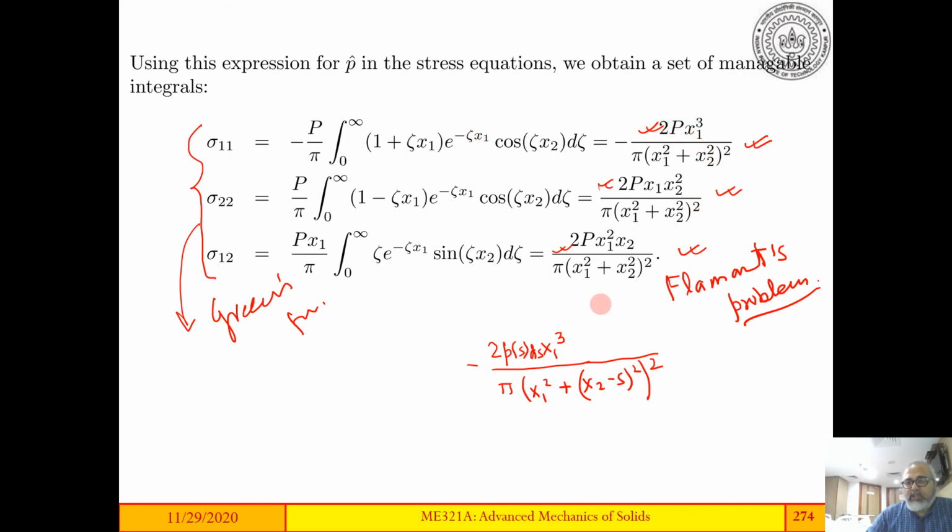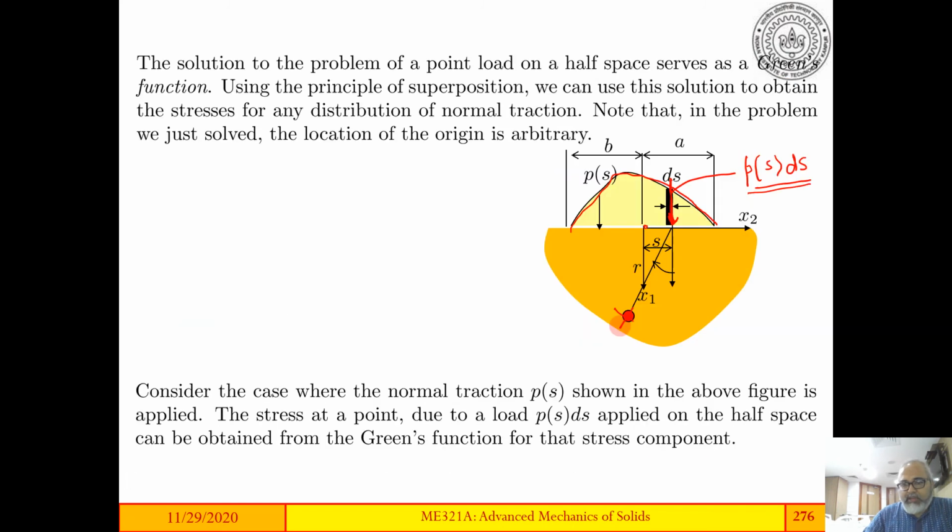Now I will scan through all such ds. I'll go from ds starting from, let's say, A1 to B1, and all those added together will give me, by the principle of superposition, the total stress at this point.